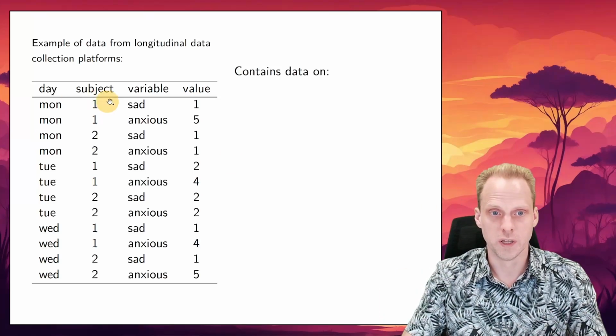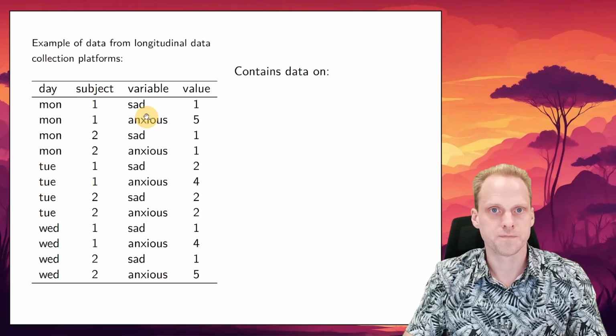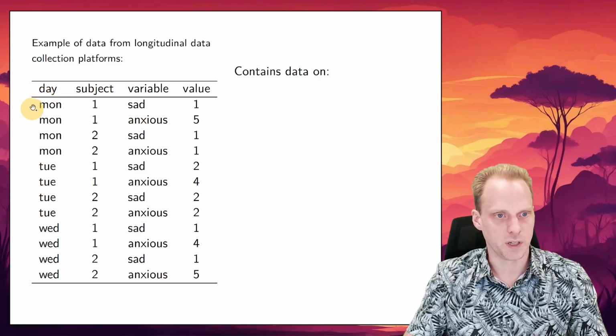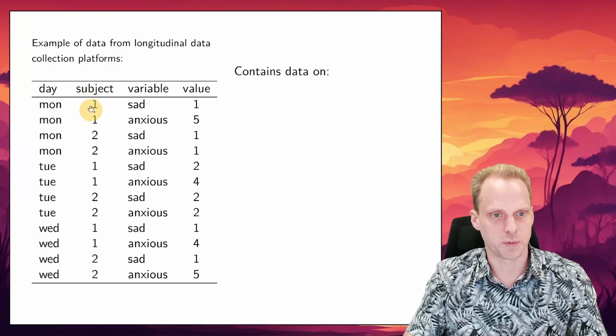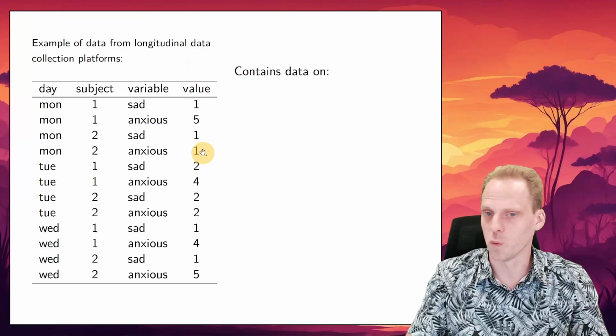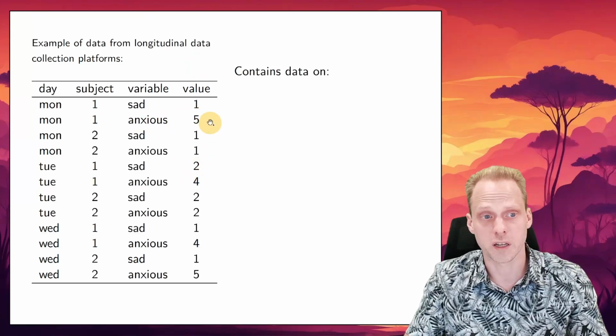For example, sad and anxious. In this case, we have 3 days, Monday, Tuesday, Wednesday. We have 2 subjects, subject 1, subject 2. We have 2 variables, sad and anxious, and some self-report rating. Maybe 1 is very low, 5 is very high.